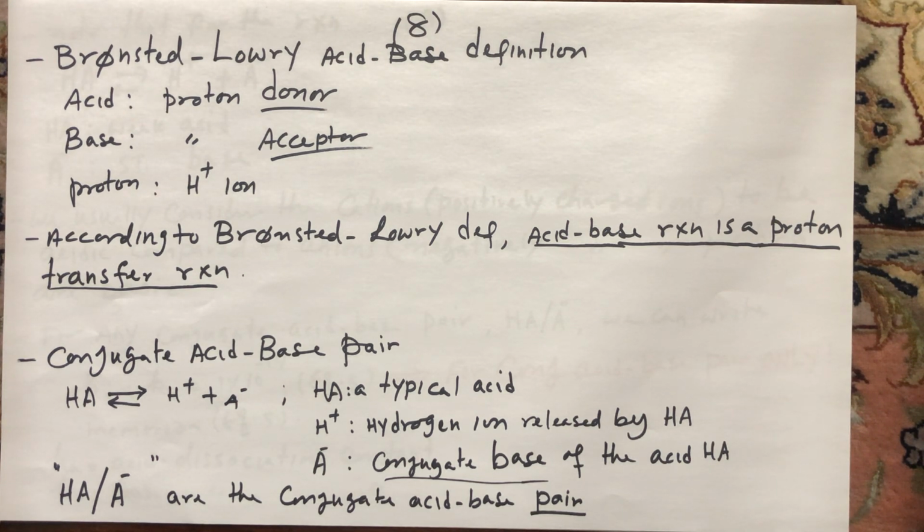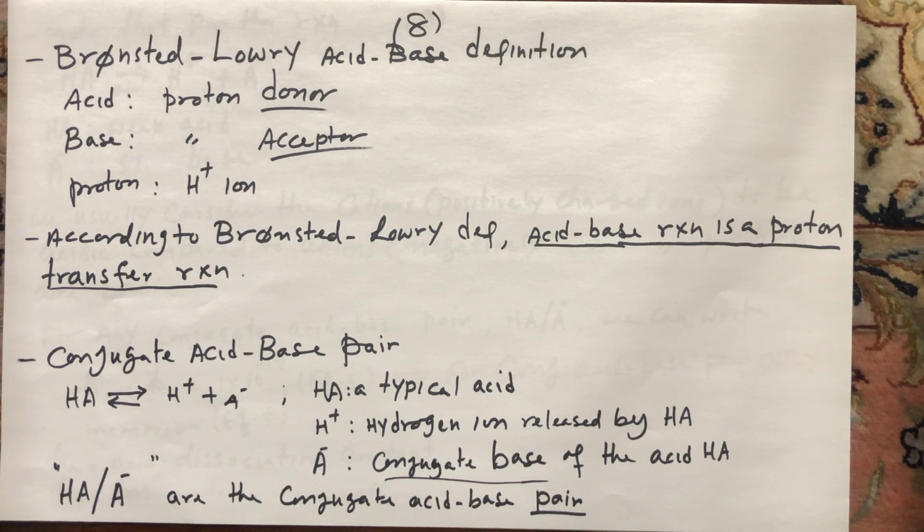By proton, we mean H plus ion; the hydrogen ion is the proton. So an acid-base reaction is basically a proton transfer reaction, because the acid is donating the proton and the base is going to accept the proton. It's basically the H plus ion that is being exchanged between the acid and the base.